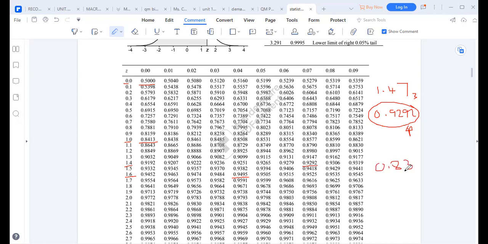Okay, that aside, can somebody give me the reading for 0.83? What is the reading for 0.83? If this is our Z, what is the probability for 0.83? Yes, Sally.